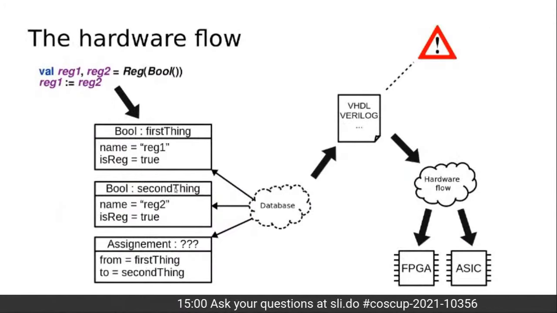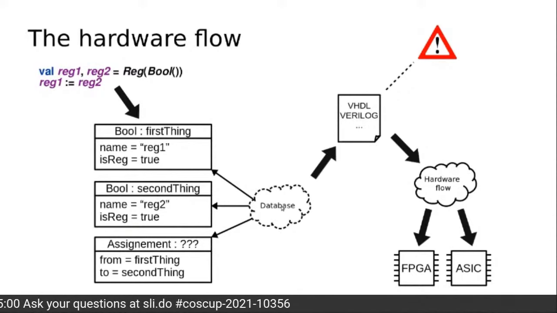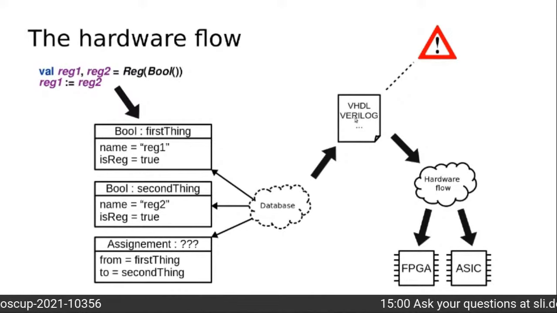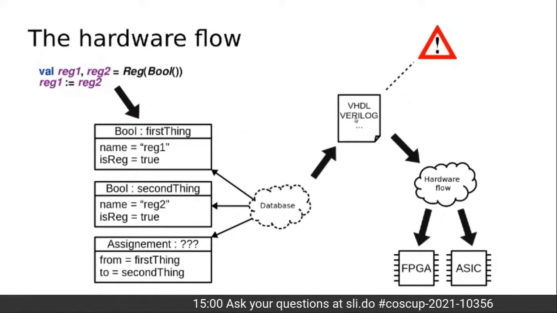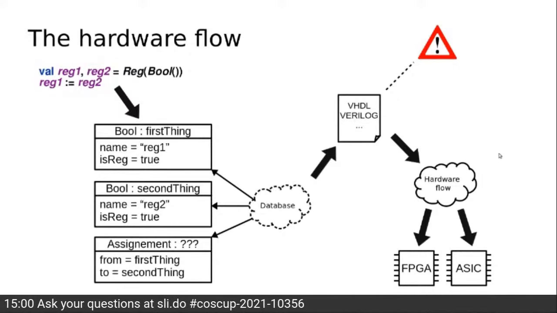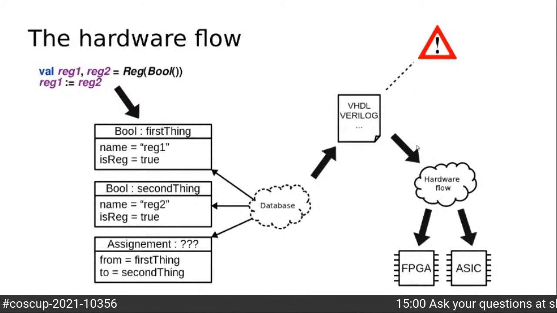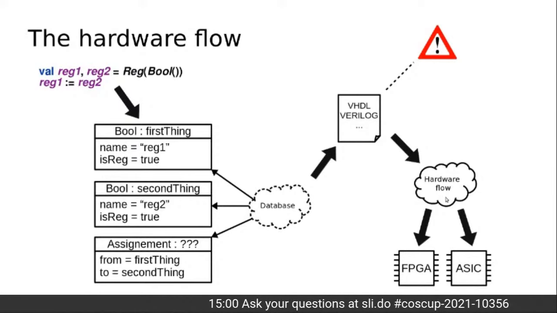Then it will translate the database into a synthesizable VHDL or Verilog file. That way, you can generate your design and use it in the regular flow to deploy it on FPGA or ASIC. If you want to go on FPGA, you can use Yosys or NextPNR.